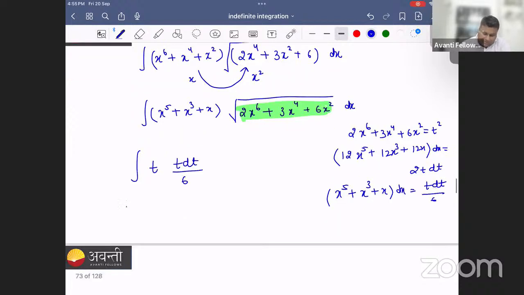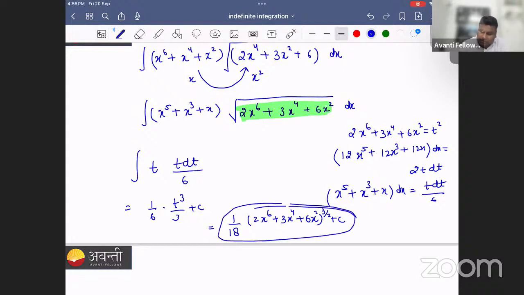Now 1/6 is there. This integration will be t cube upon 3 plus constant. So your answer will be 1/18 into 2x to the power 6, 3x to the power 4 plus 6x square raised to the power 3/2 plus constant. This is your answer.